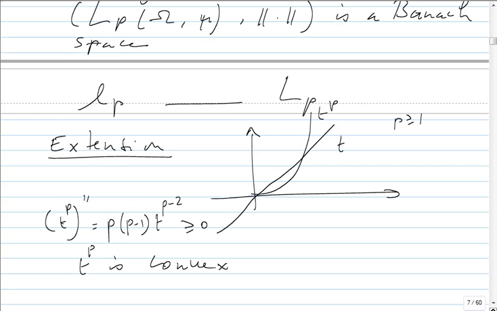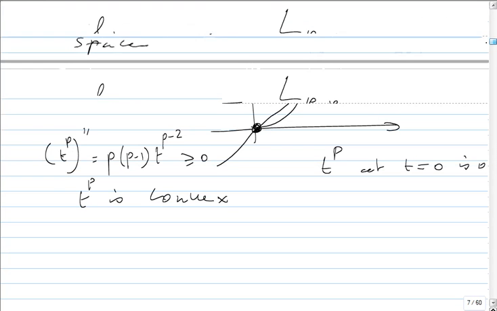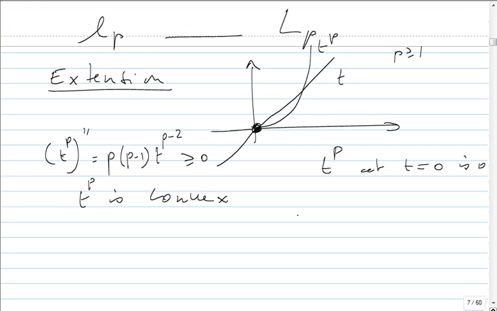Number 1. Number 2, t to the power p at 0 is 0. So it starts here. These are the basic properties. There are other properties, of course, but for the time being, these are the basic ones. And people offered the following.